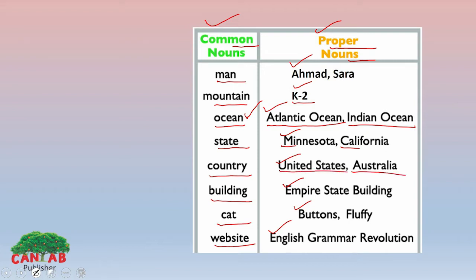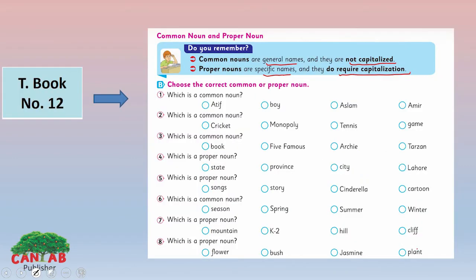Building: Empire State Building. Here the cat names are also specified: Buttons and Fluffy. Look at the last one. Website can be any website, but here the specific website is mentioned: English Grammar Revolution.